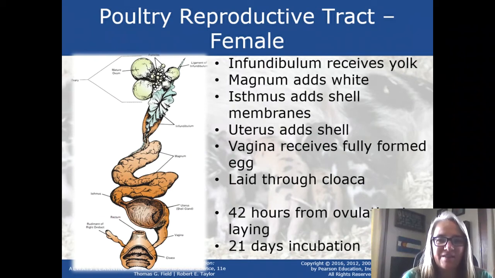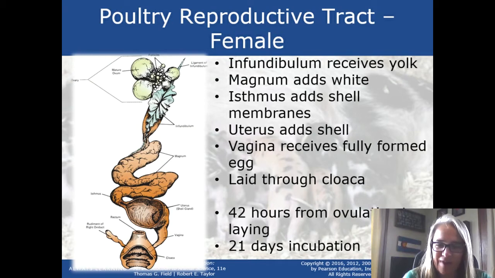But the infundibulum is where the yolk originally comes in, and then the magnum area adds the white to the egg. The isthmus adds the shell membranes, and then the uterus adds the final shell. When the vagina receives the fully formed egg, it is then laid through the cloaca.